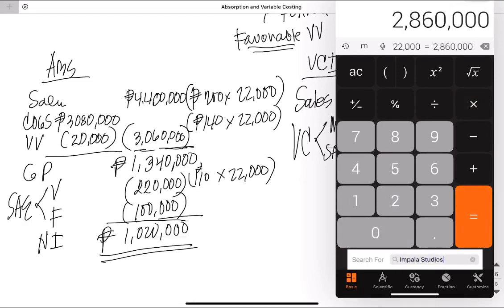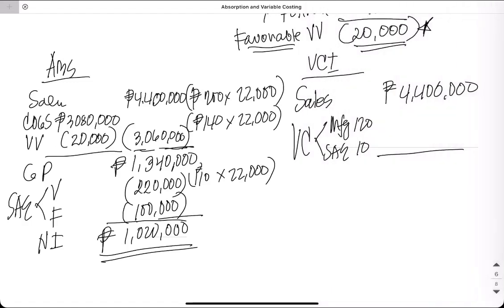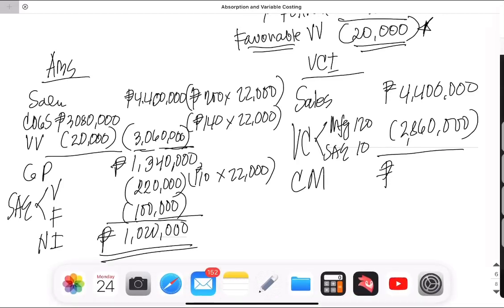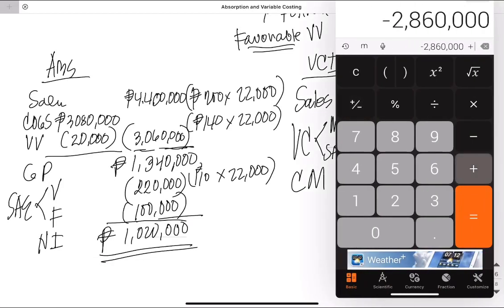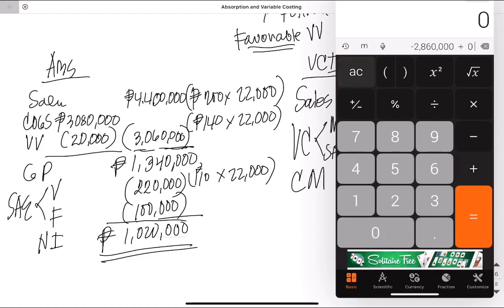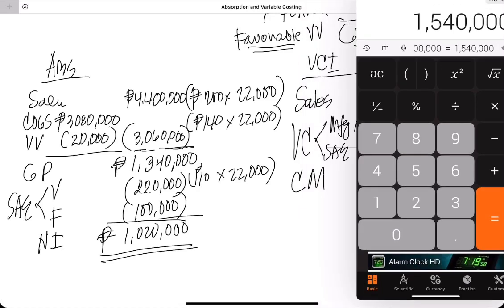So 130 times 22,000 is 2,860,000. So this is your contribution margin. So 4.4 less 2.86, so 1,540.